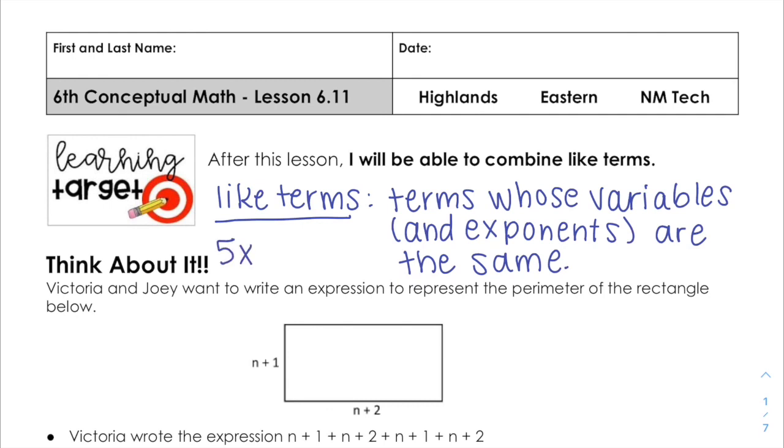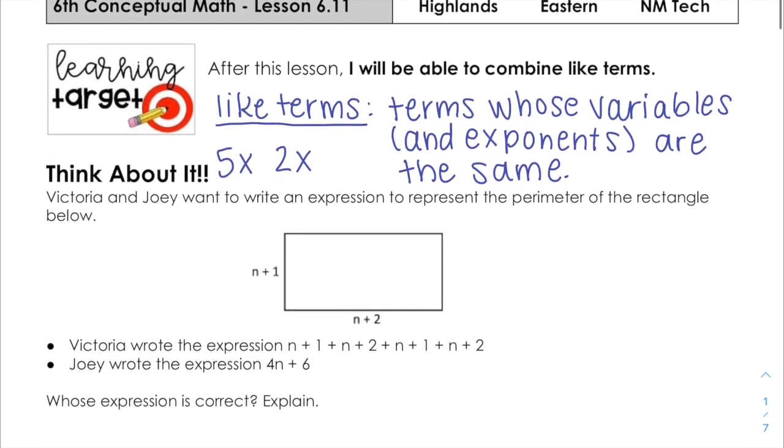For example, 5x and x are like terms because they're both using the variable x and neither of them has an exponent. The number up front, the coefficient, really doesn't matter. This could also be 2x, and they would still be like terms because they use that variable x with the same exponent. In this case, no exponent.